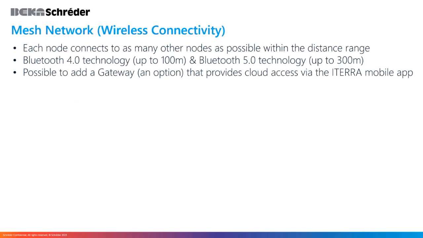One important thing with how this technology and protocol has grown. There's different levels of Bluetooth and technology that have grown, and the distance that it can cover. Each node, specifically Bluetooth node that we provide with the Schréder Altera, allows you to create a mesh network.